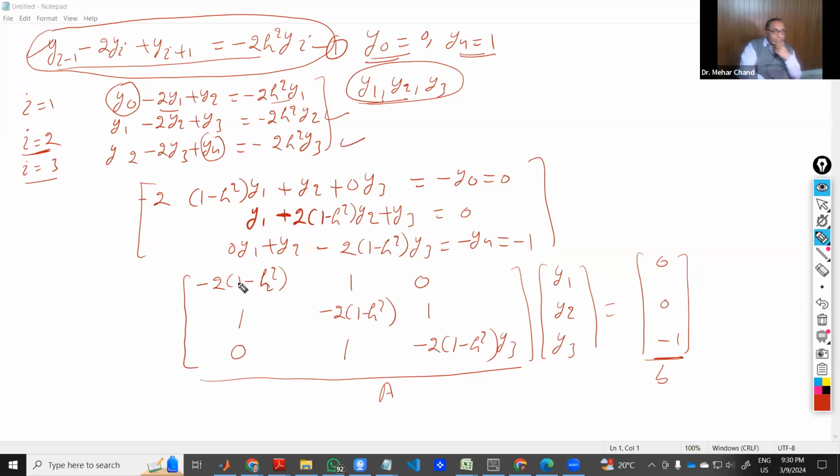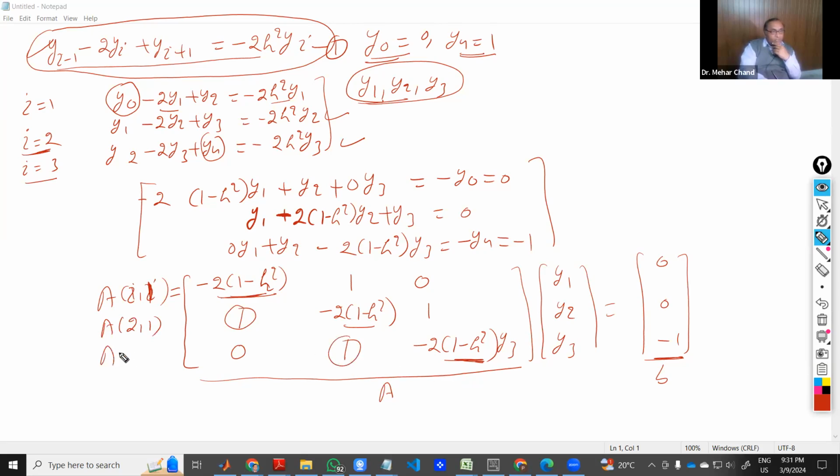See here, this is the value of A11, this is A22, this is A33, so we can write Aii, and the value of Aii is this one.